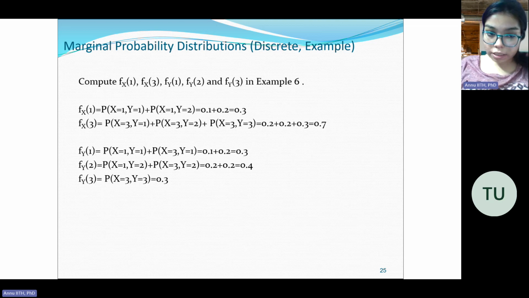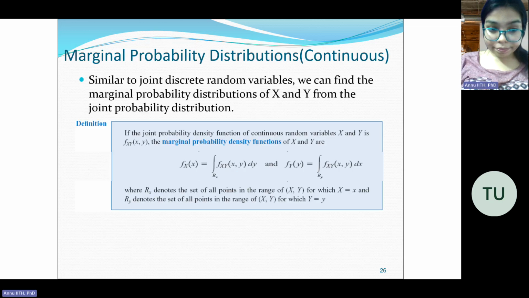So similarly, f of y at 1 is P(X = 1, Y = 1) plus P(X = 3, Y = 1), like that, and f of y at 3 is P(X = 3, Y = 3). So this is the marginal probability distribution, which is very common.